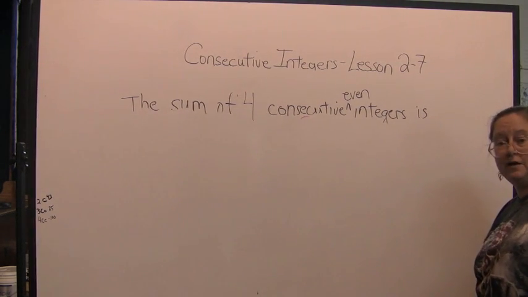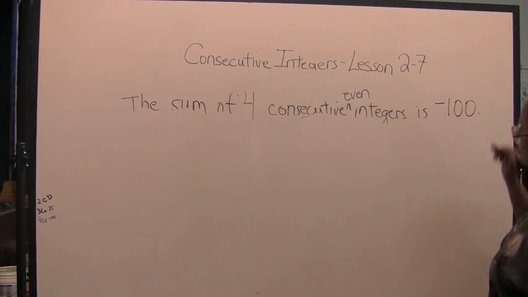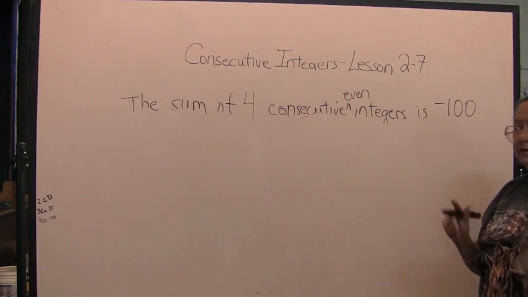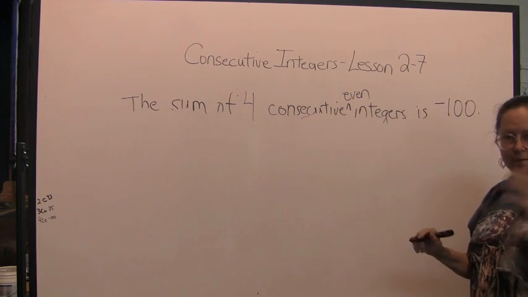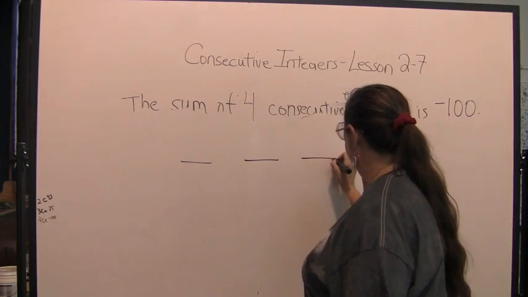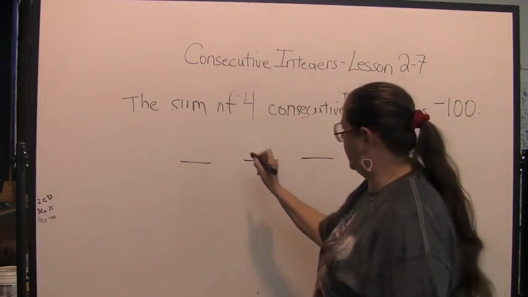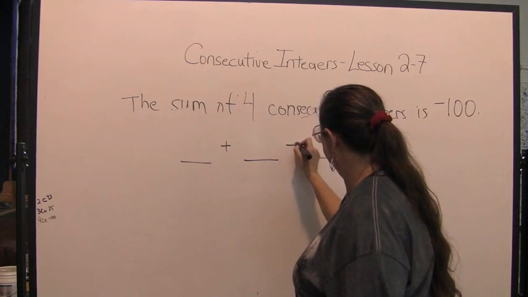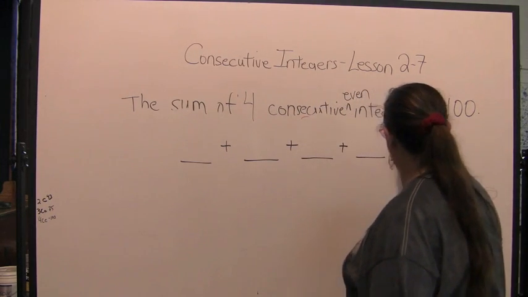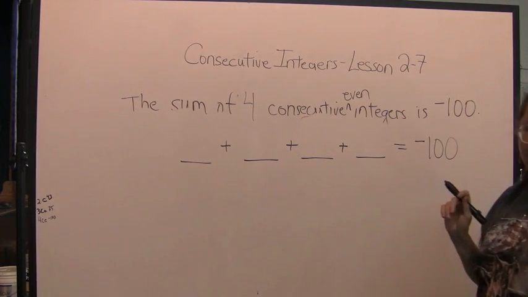Let's say our sum is a negative number, negative 100. Okay? So we have 4 of them. We're going to make 4 blanks. 1, 2, 3, 4. It says sum, so we're going to add them together. Their sum is negative 100.